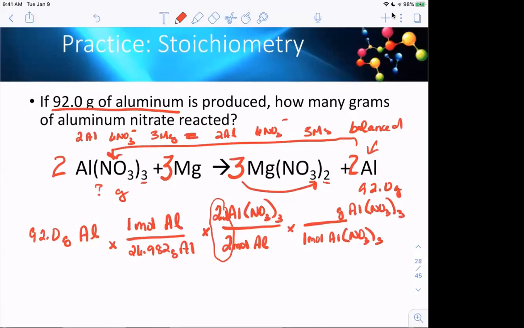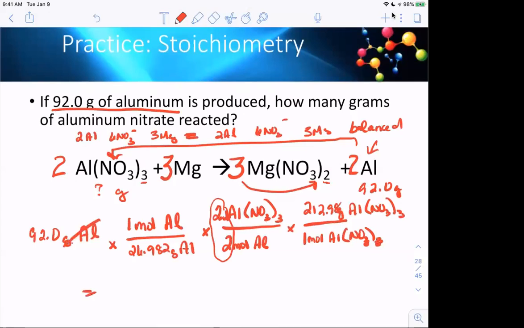In 1 mole of aluminum nitrate, I have 26.982 plus 3 times 14, that gives me the amount of nitrogen, plus 9 times 16, because I have 3 times 3, 9 oxygen atoms in that 1 mole. That gives me a molar mass of 212.98 grams.